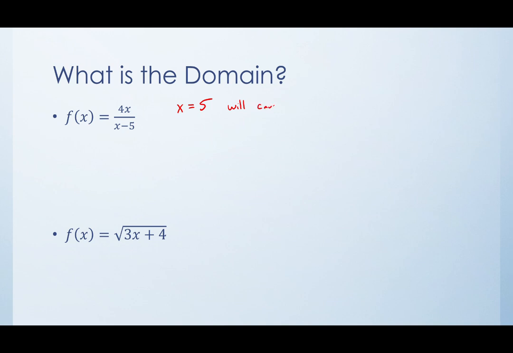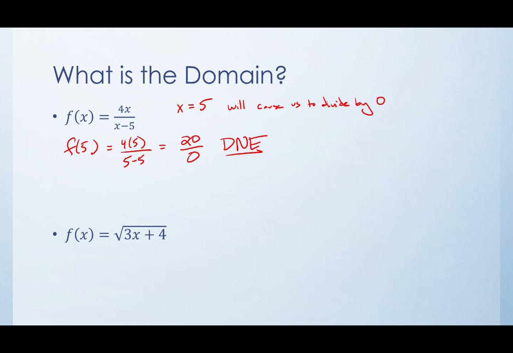So if we say f of 5 is equal to 4 times 5 over 5 minus 5, which of course is 20 over 0, which does not exist. So we do need to throw that out of the domain.